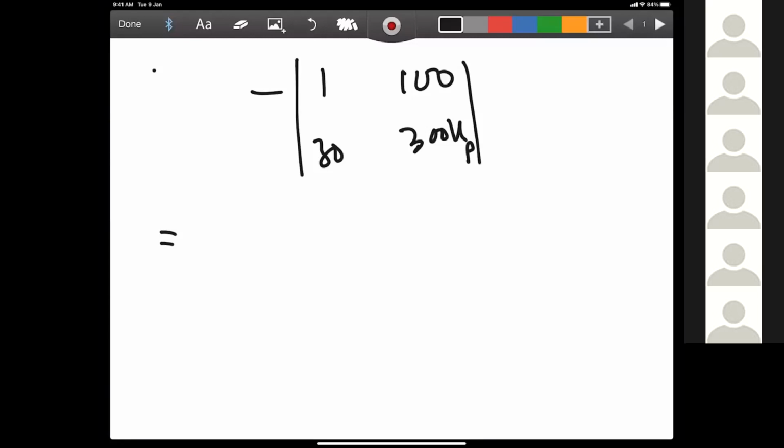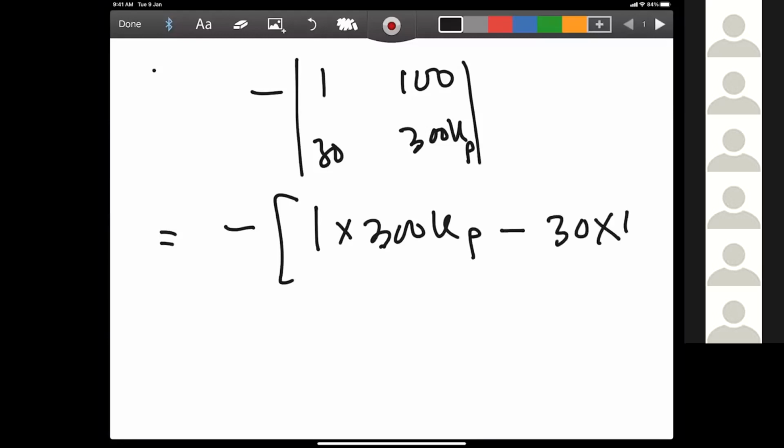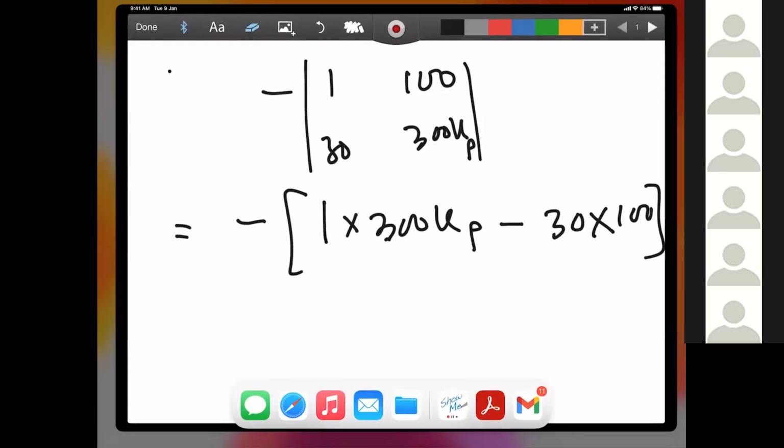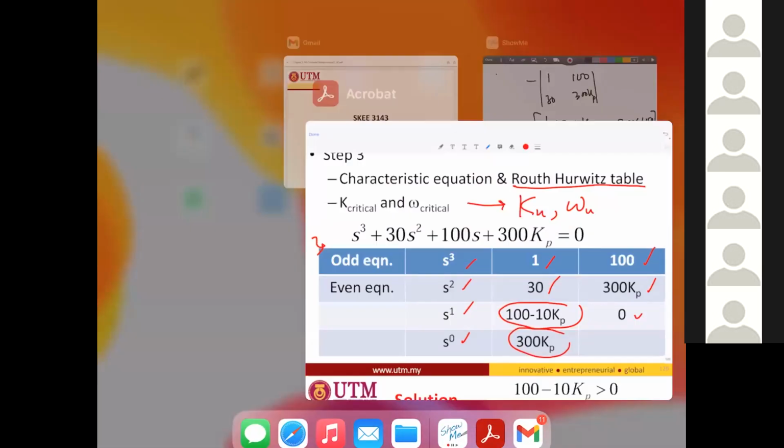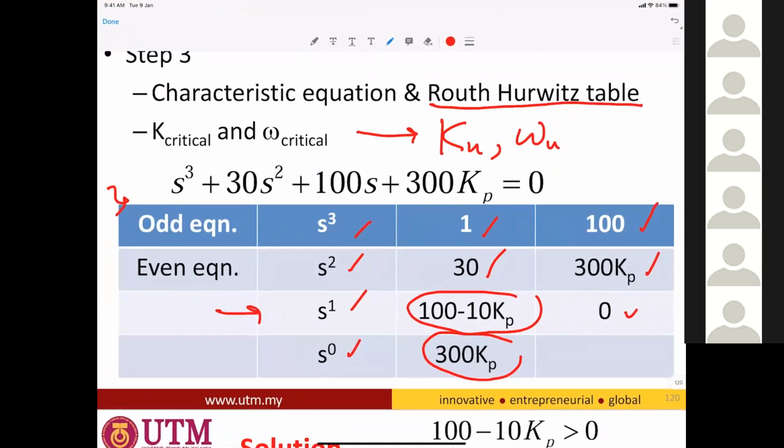Simplify this. 300 minus 3,000. Okay, then you will get this value. Okay.